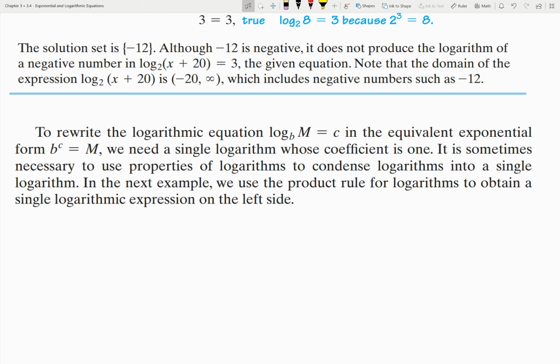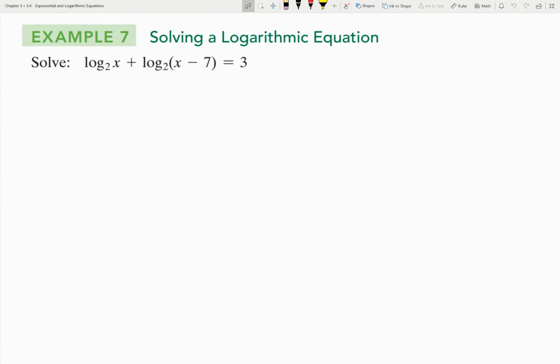Sometimes you have to use the properties of logarithms to condense the logarithms to a single logarithm. Like this. In order to use the property that we talked about earlier, you need to put these two logarithms together.